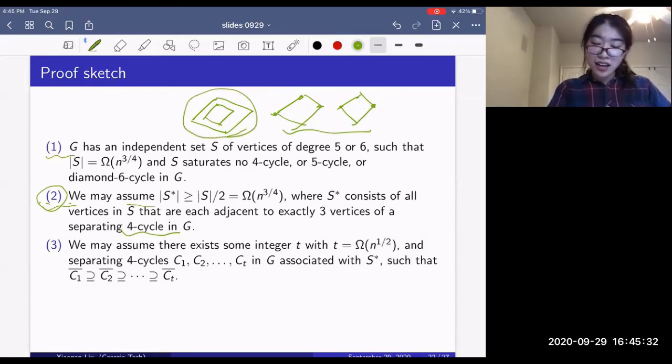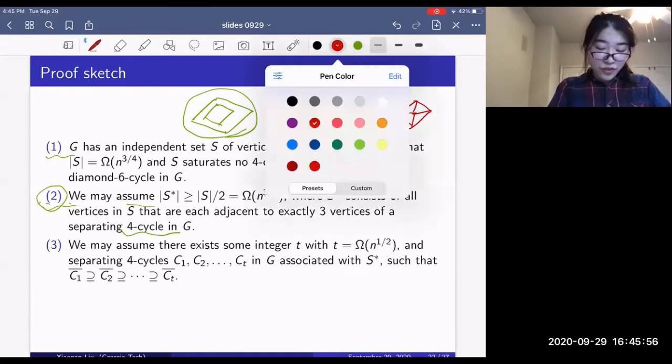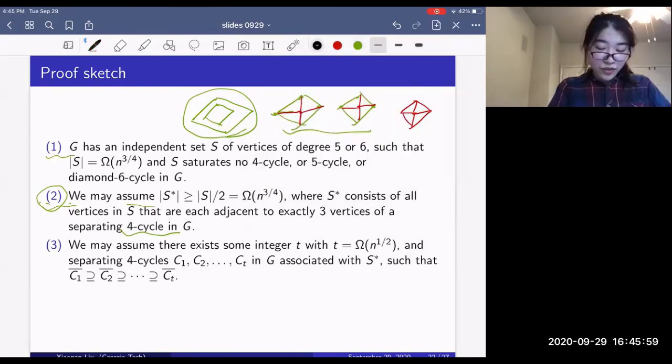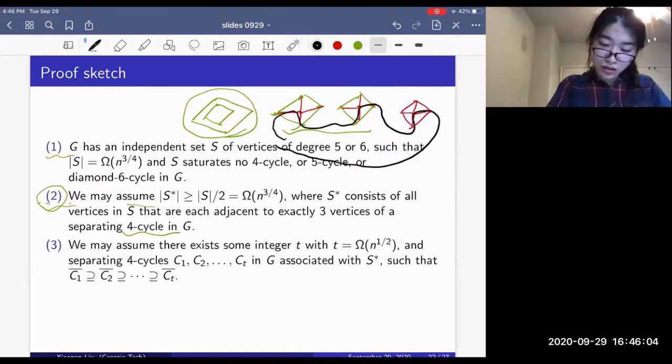If they are disjoint, we can contract the interior of each 4-cycle to 1 vertex, and the graph is still 4-connected.